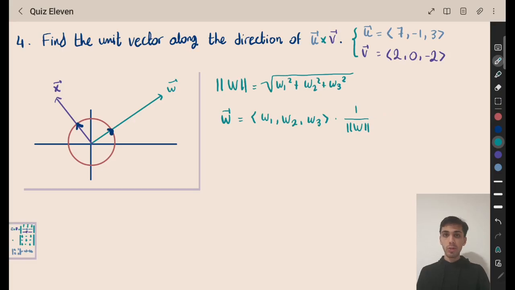What happens to its original length? Let's see. And so if I do this, the length, or the norm, is just a scalar. So I can write W1 over the norm of W, W2 over the norm of W, and W3 over the norm of W.